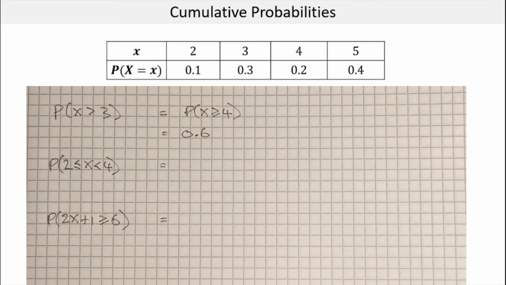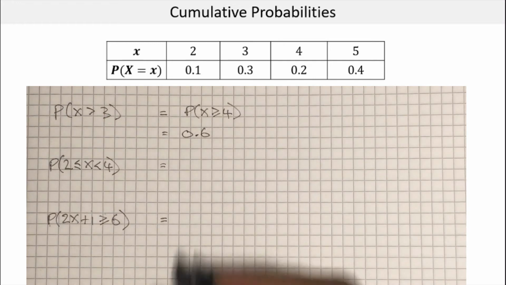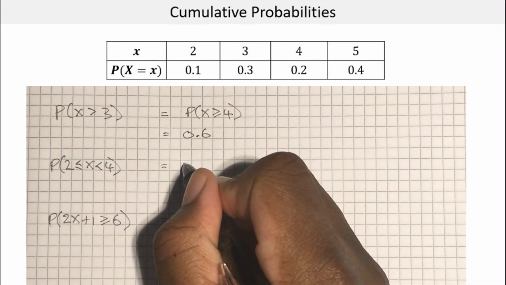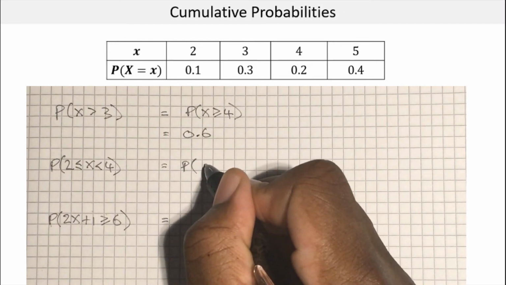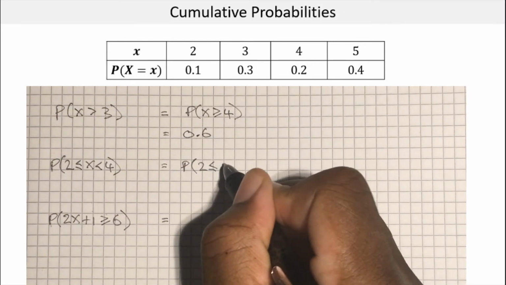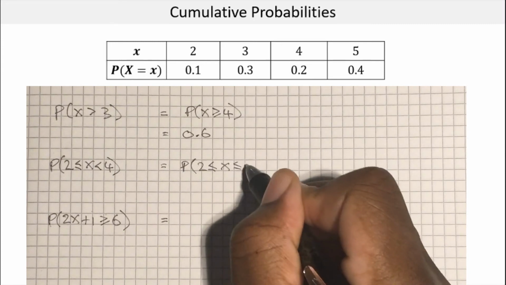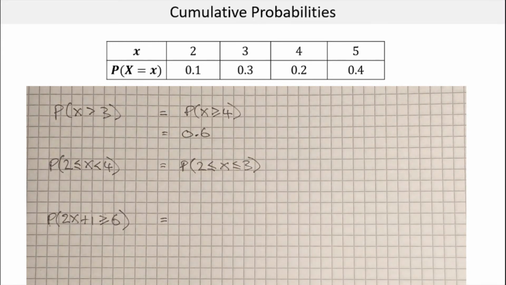The way I'd read this is the probability that x is in between 2 and 4. 2 is included, 4 is not included. It may well just be easier to write this as the probability that x is in between 2 and 3, where both of them are included. So once again, we're trying to write this statement in terms of the values that are included. 4 was not included, 3 is going to be included.